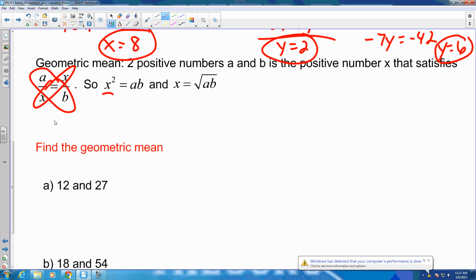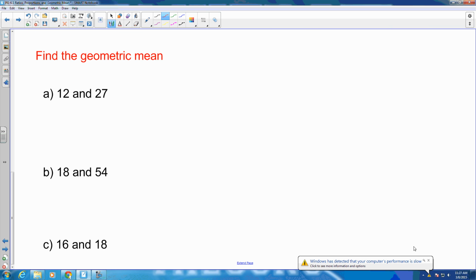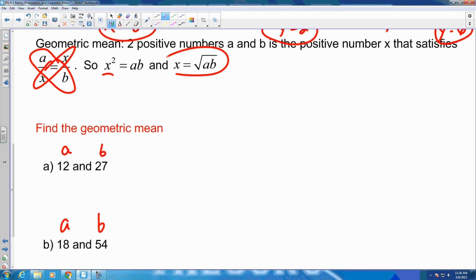So these examples here, they want us to find the geometric mean. We have some numbers here, so this is a and this is b. If you want to put it in the proportion, that's fine. But since they already told us this is the value we want to solve for, we're going to say x equals the square root of 12 times 27.